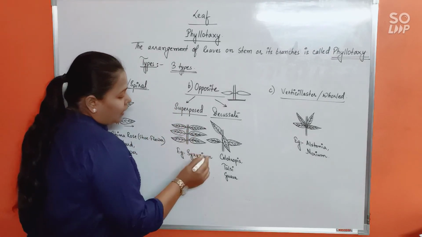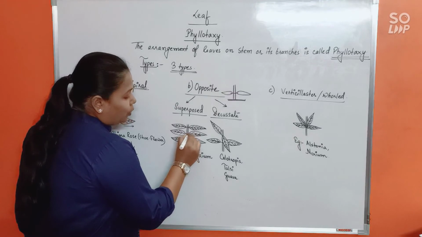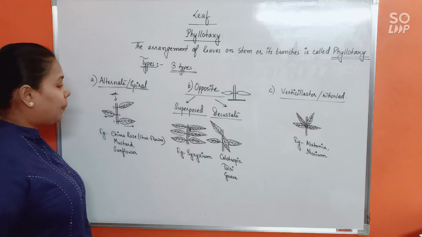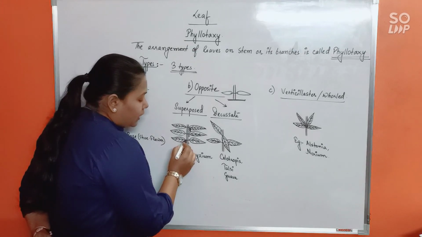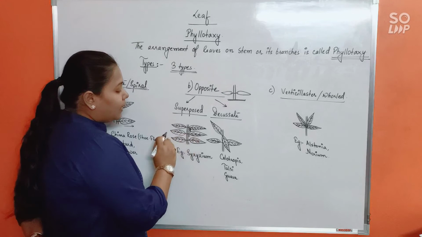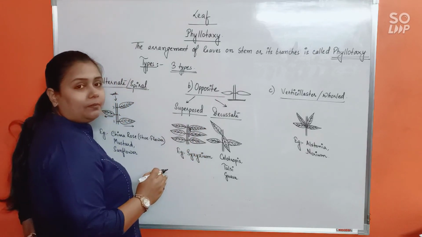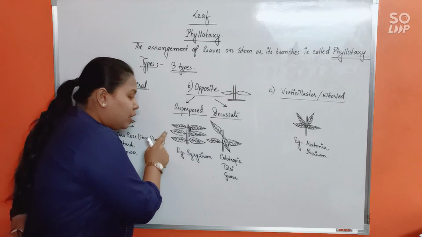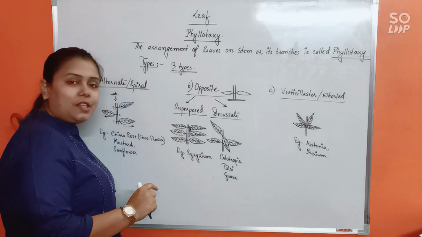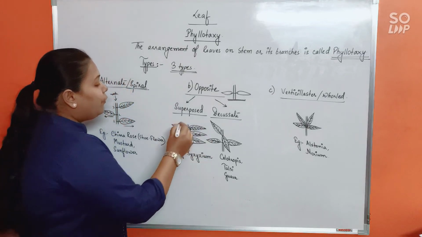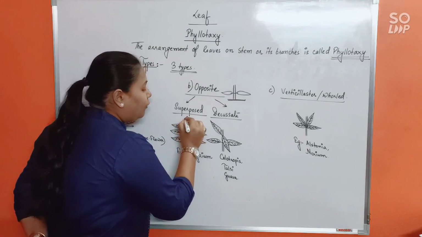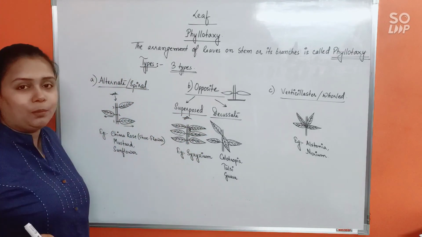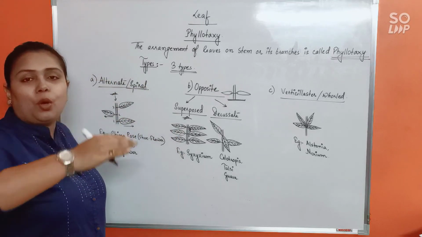See, here each node is giving rise to two leaves, right? So these leaves that are arising, they are arising parallel to one another in the same plane. The leaves arising from two adjacent nodes are in the same plane, isn't it? They are parallel to one another. If you try to see from the top view of the plant, you will find that there are only two rows of leaves formed, and the leaves will superimpose on one another.